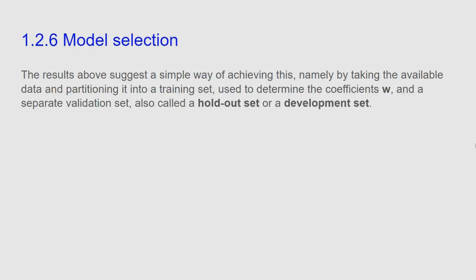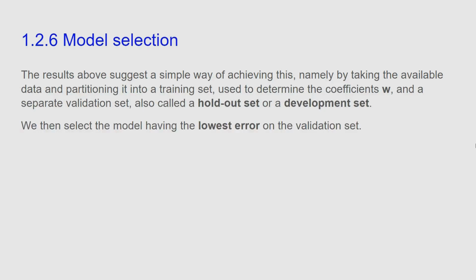The results above suggest a simple way of achieving this, namely by taking the available data and partitioning it into a training set, used to determine the coefficients w, and a separate validation set, also called a hold-out set or a development set. We then select the model having the lowest error on the validation set.